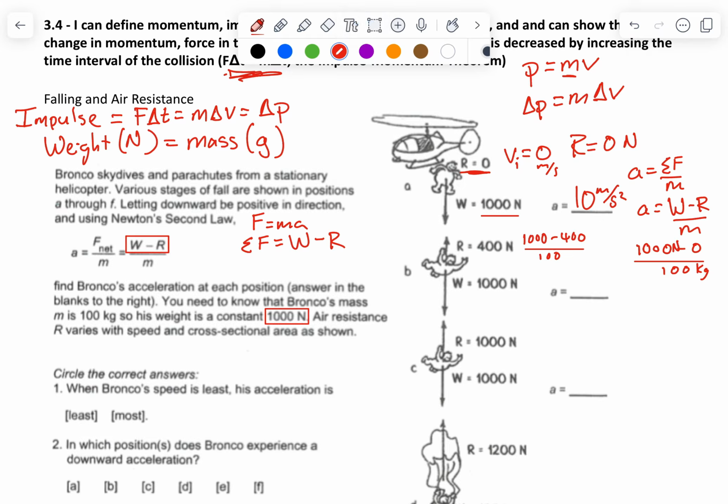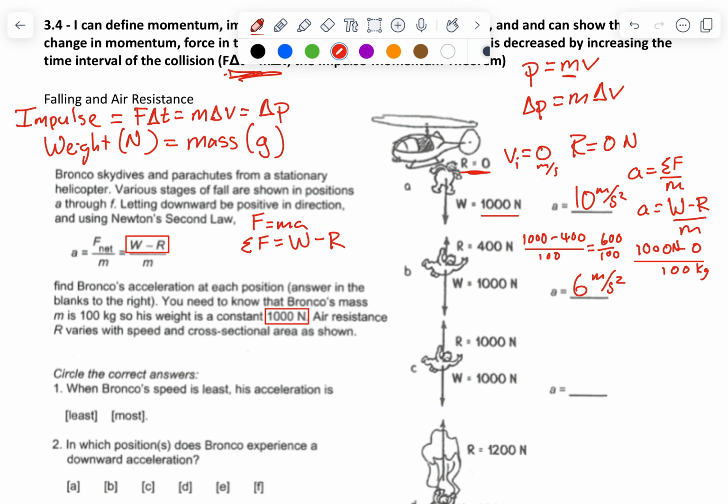Let's see, that's 1,000 minus 400. That's equal to 600 divided by 100. We get 6 meters per second squared. So now his acceleration is slowing down. His velocity is not slowing down. He's still going faster and faster, but his acceleration is slowing down.